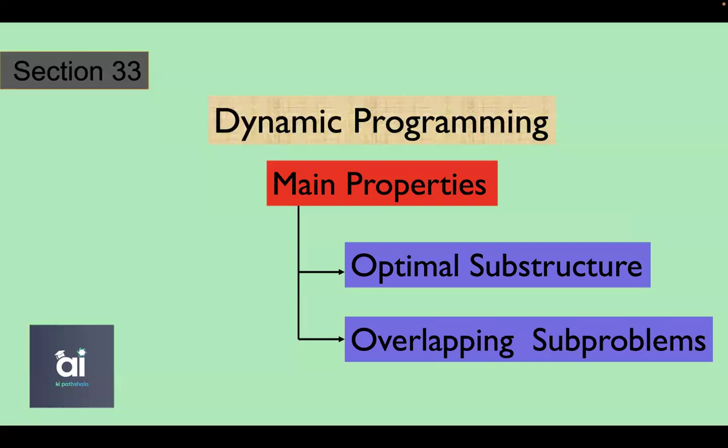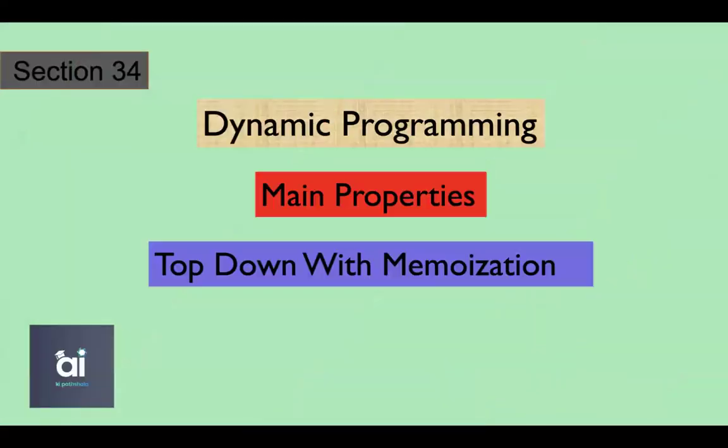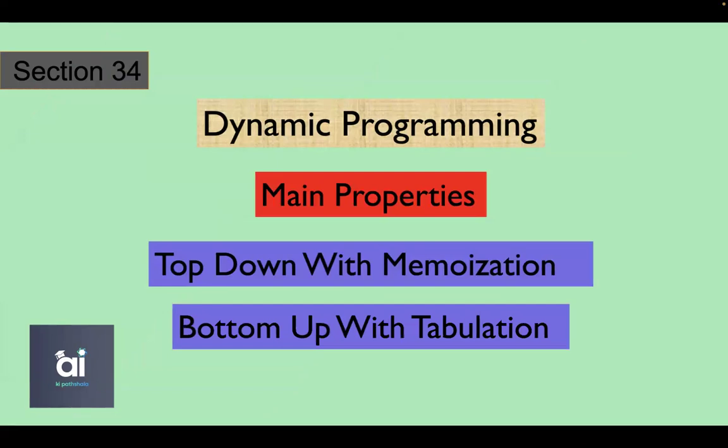Then we will learn two methods of dynamic programming, which are top-down with memoization and bottom-up with tabulation. Remember, this is memoization. This is not memorization. So please don't confuse top-down memoization with memorization. And the second one is bottom-up with tabulation.